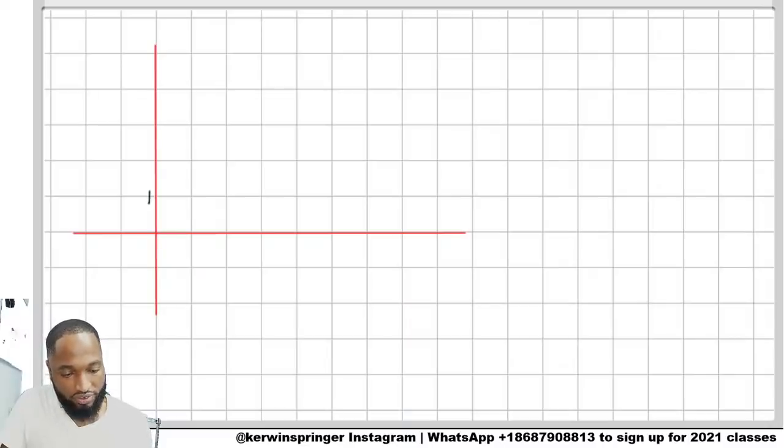I love to draw graphs. Graphs is the best thing ever. Love it. Where are we going up to? 4? Nothing like a good graph.